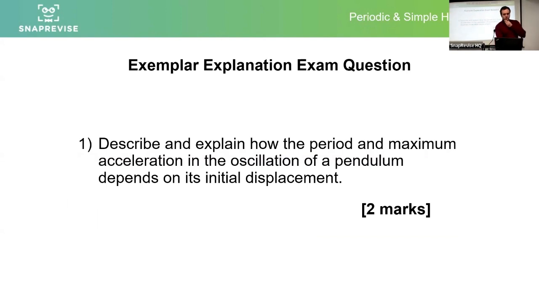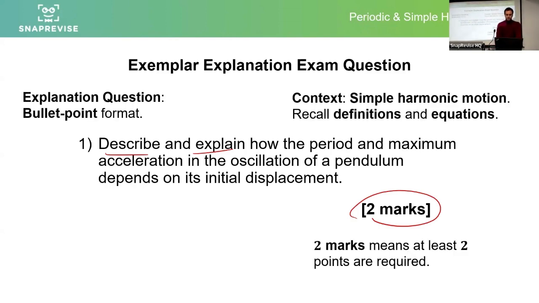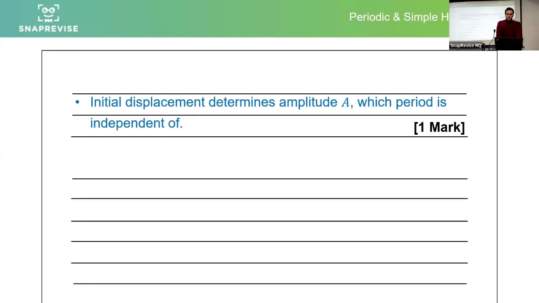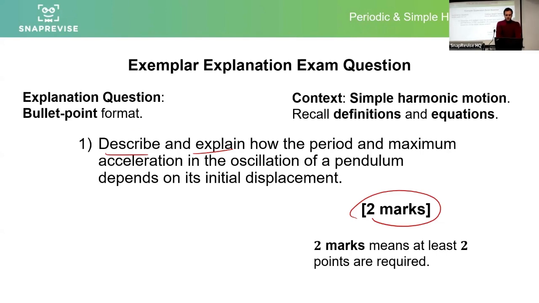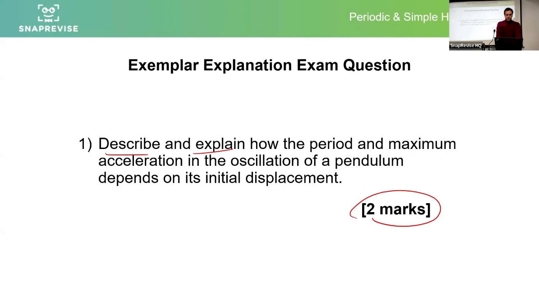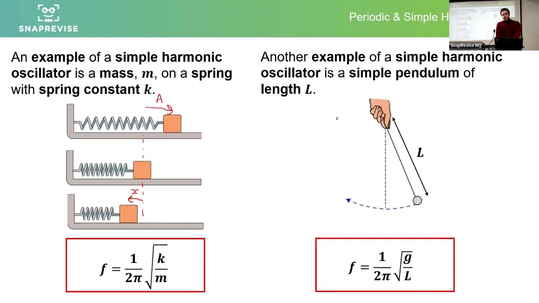Okay, exam question. Describe and explain how the period and maximum acceleration of the oscillation of a pendulum depends on its initial displacement. Okay, 2 marks, 1 mark for describe, 1 mark for explain. The period, so if you're given this for a pendulum, the period is going to be 1 over f.